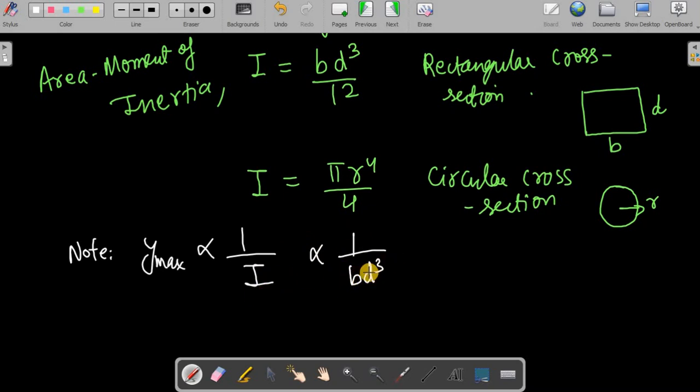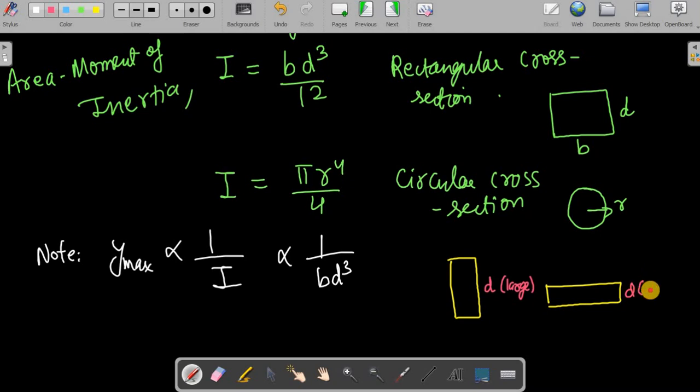So if you increase D, the deflection will decrease, and if you decrease D, the deflection will increase. For example, in this beam cross section D is large, and in this one D is small.